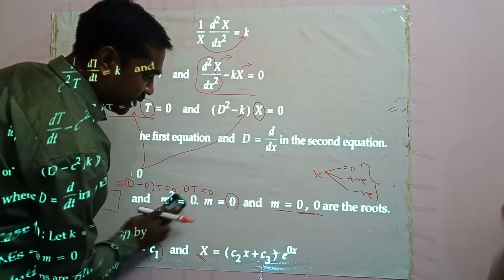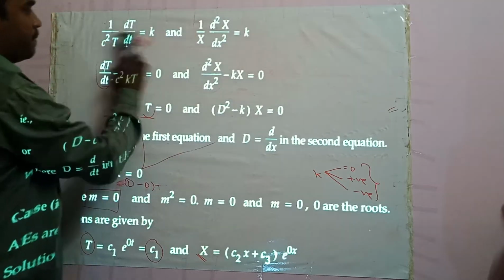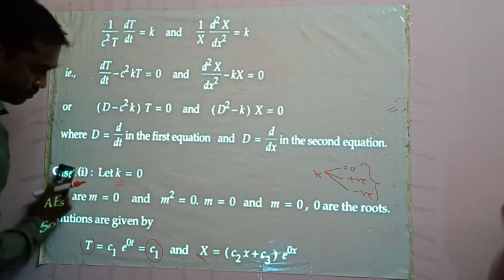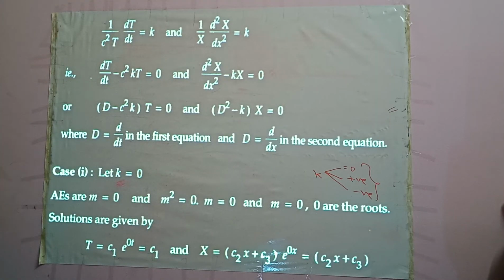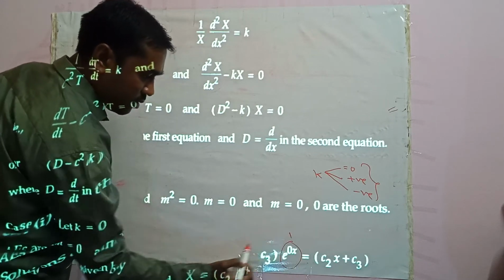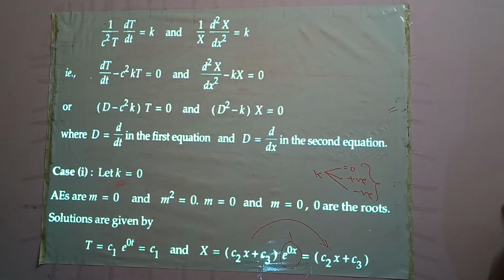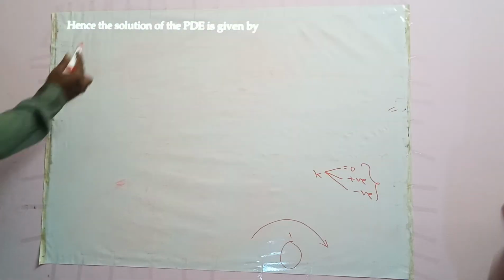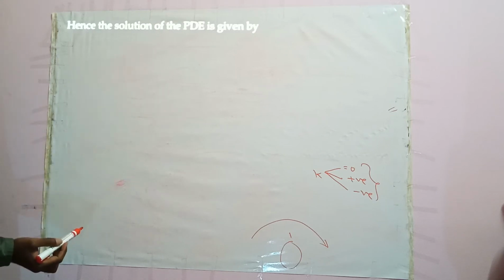Now let us multiply and write the solution u. What is the value of e to the power 0x? It is 1. So what is the CF as this? What is the value of x? Hence the solution of PDE in this case, X into T. What is X?